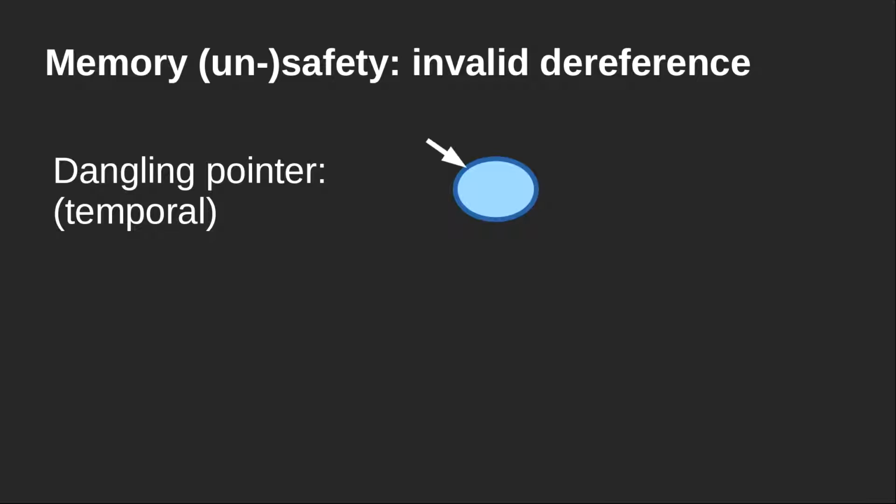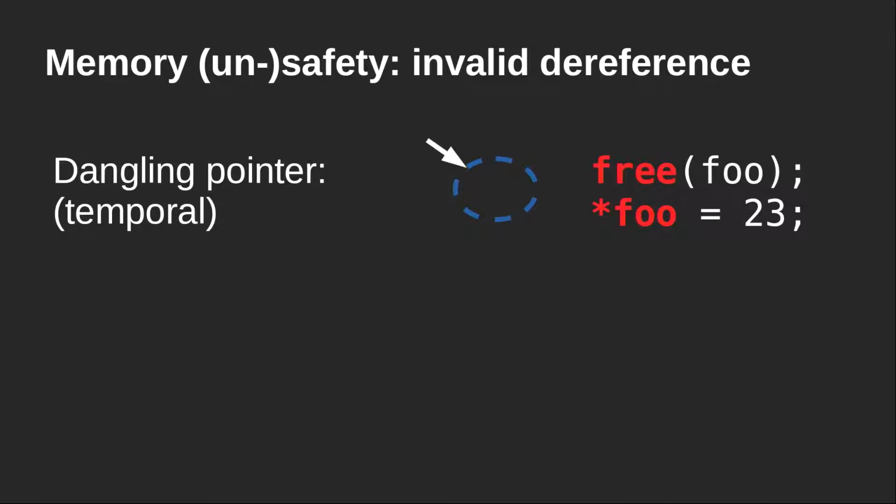At the core of any security vulnerability, there's an invalid dereference, either through a dangling pointer, what we call a temporal reference, which is that at one point in time, our pointer in the low-level language pointed to a valid allocated object, which was later freed by the programmer and is still accessed after the fact, after it has been deallocated.